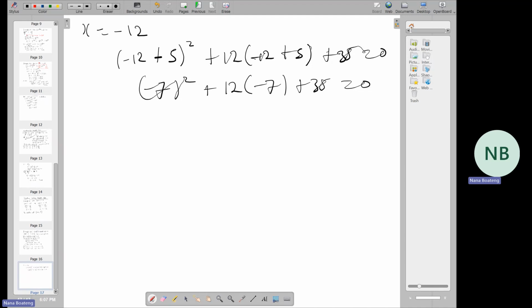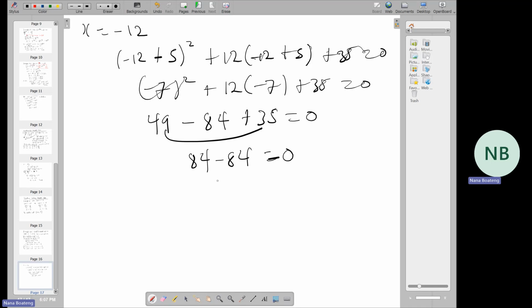So (-7) squared is 49, 12 times -7 is -84, plus 35 is equal to 0. So 49 plus 35 is 84, and 84 minus 84 is equal to 0. So 0 is equal to 0 is true. So this solution, x is equal to -12, is true.